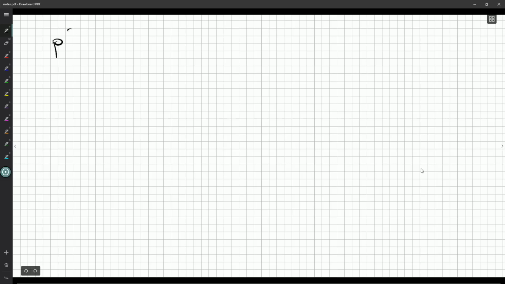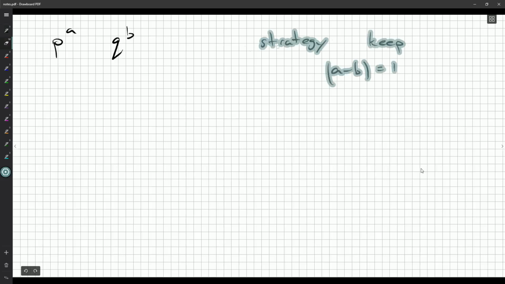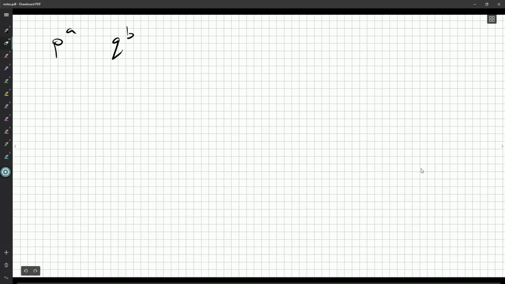If we're looking at P to the... Now I'm just musing about the whole thing. A strategy might be to keep A minus B equal to 1. That might be a good idea. Something to think about.